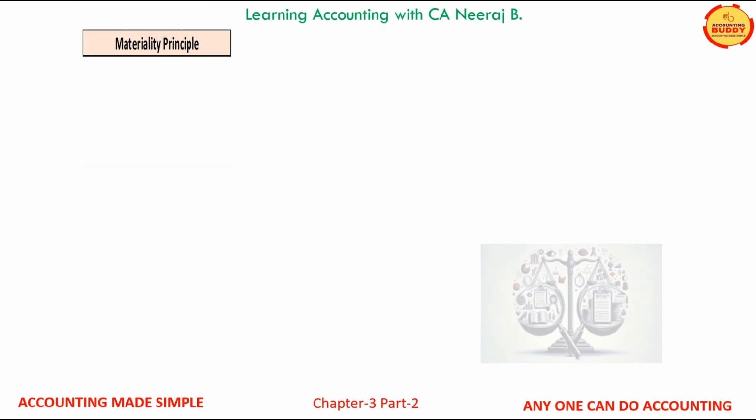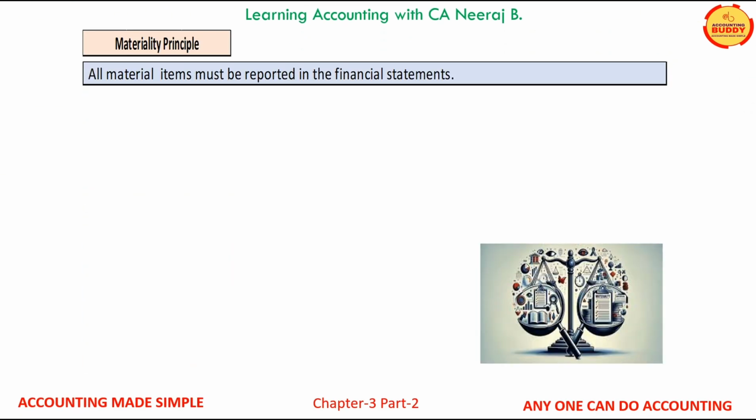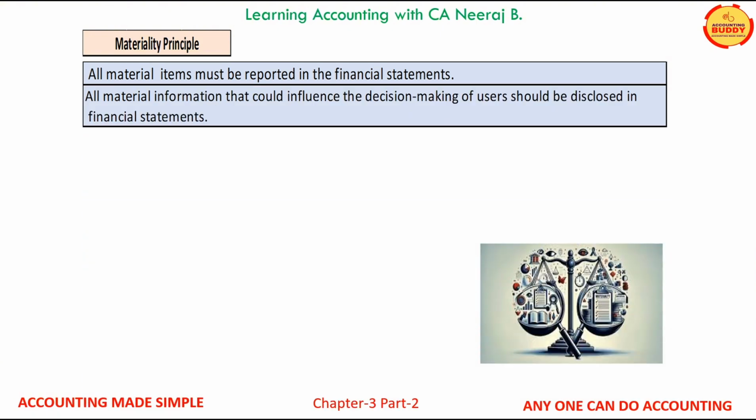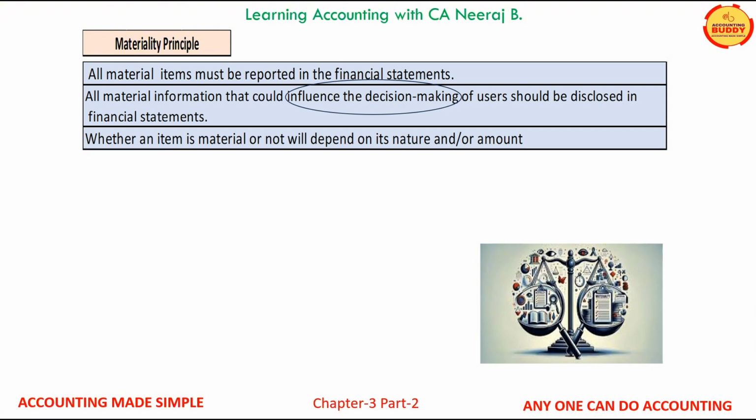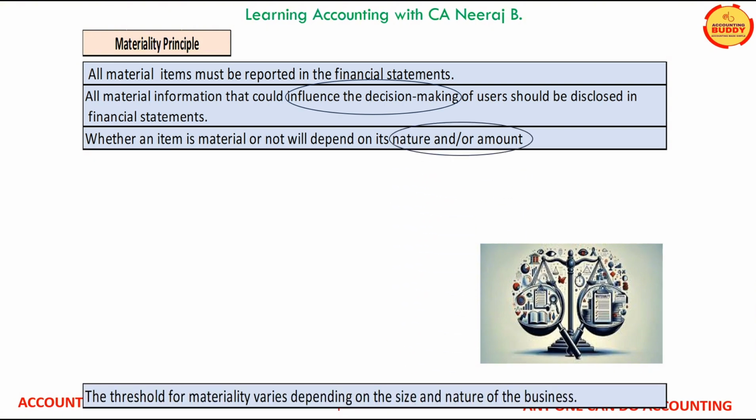As per the materiality principle, all the material items must be reported in the financial statements. All the material information that could influence the decision making of the user should be disclosed in the financial statements. Now, whether an item is material or not depends on its nature and amount involved.